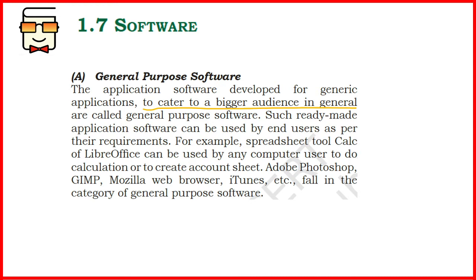Microsoft Excel is an application software that can be used by someone to perform basic calculations, or to create a CSV file and so on. Similarly, Photoshop can be used by someone to edit, or just to view. It provides different functionalities and different people can use it for different purposes, so it is not very specific.